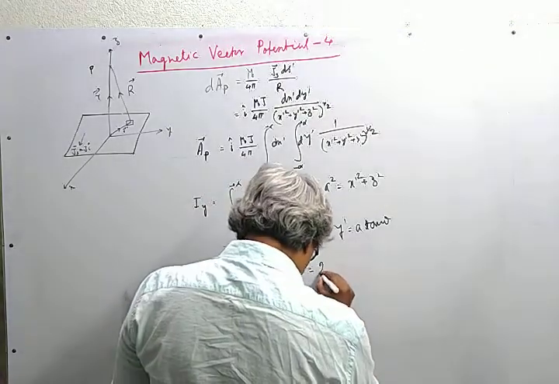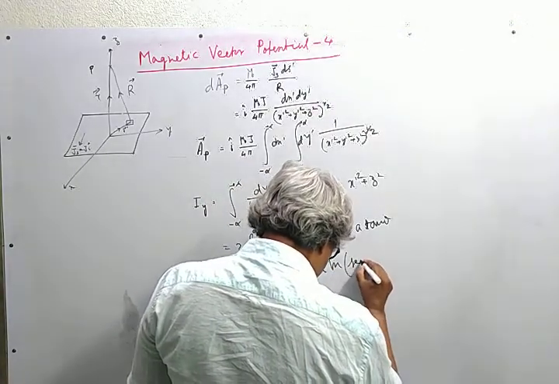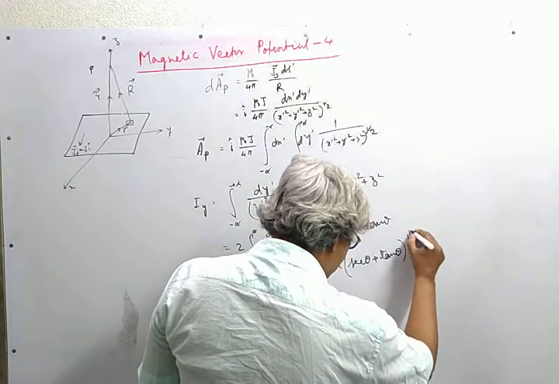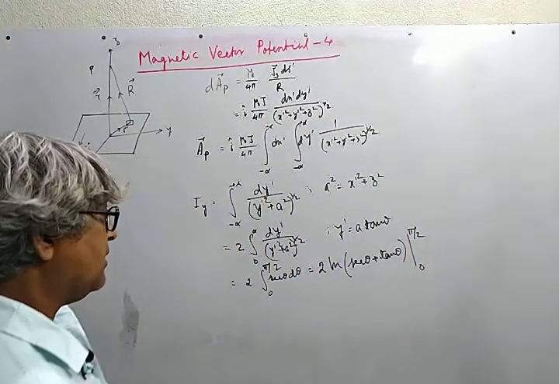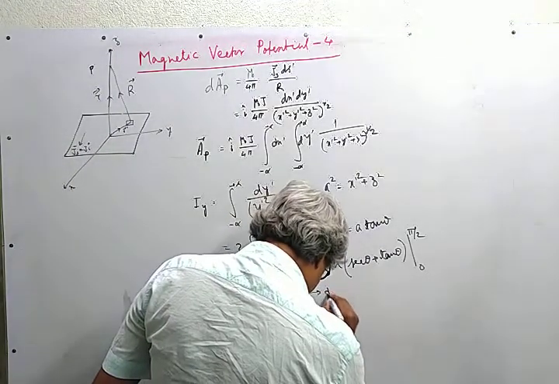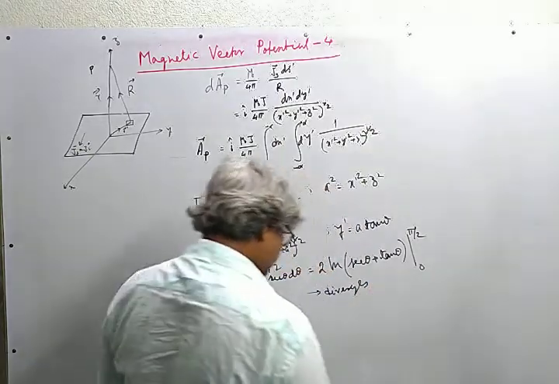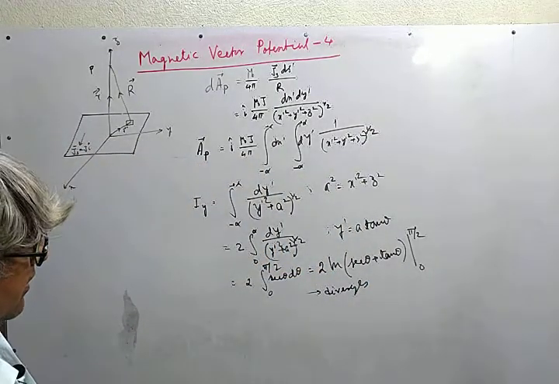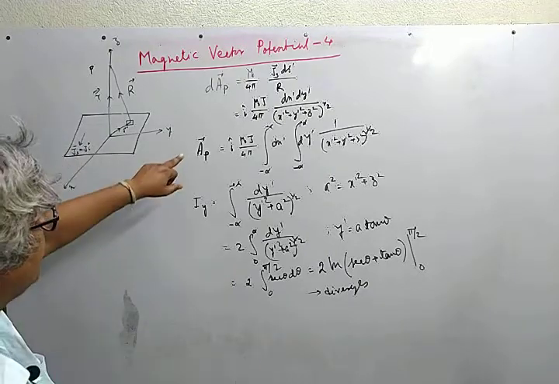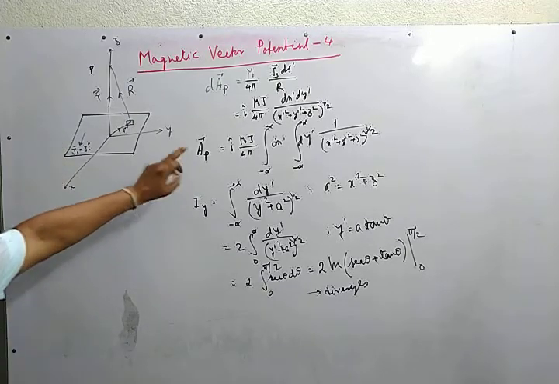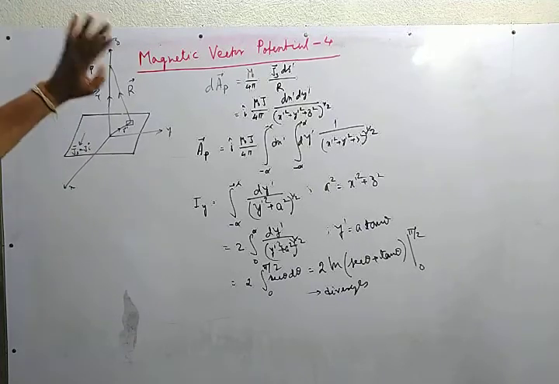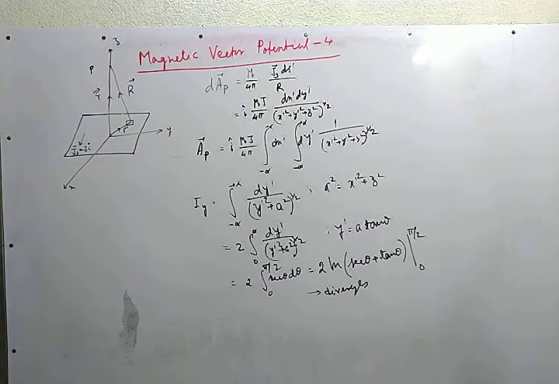The result is twice log of (sec theta plus tan theta) within limits 0 to pi by 2. At the upper limit, this diverges. So we conclude that the total vector potential due to this infinite current sheet does not exist at point P.